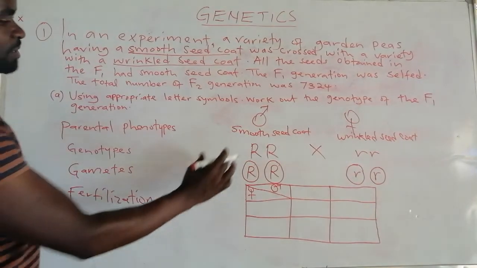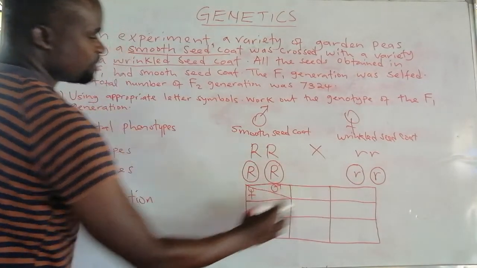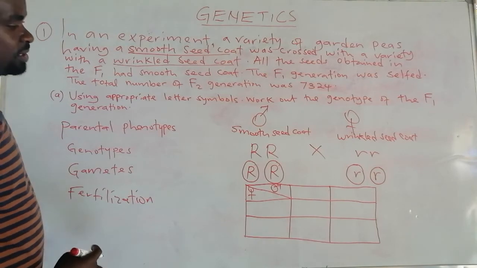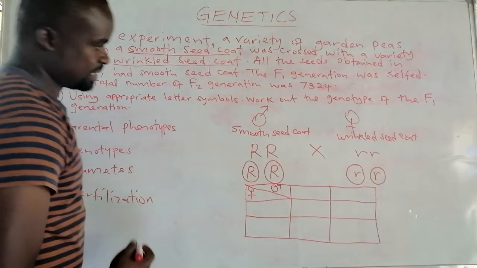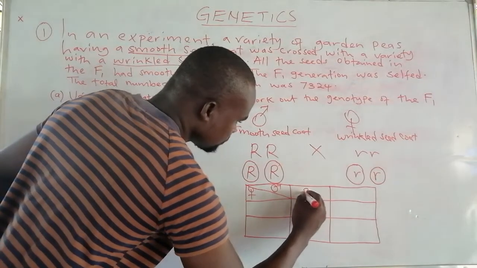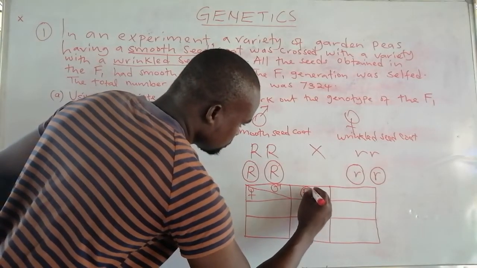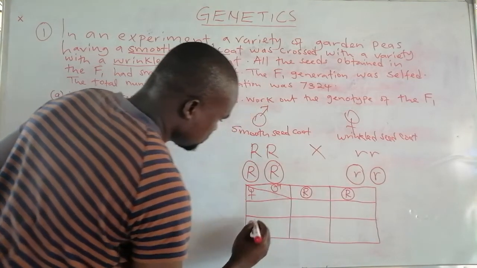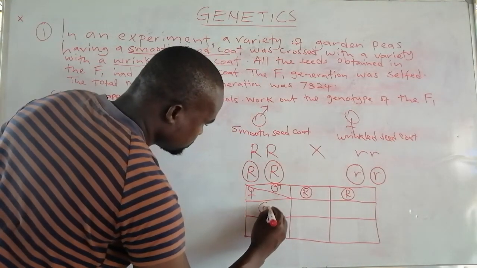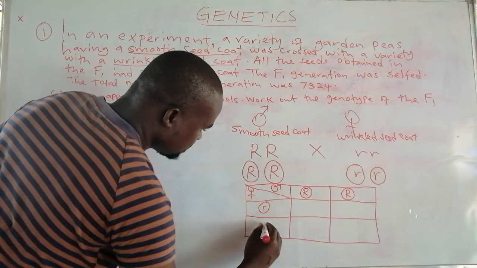So all the gametes for the male will be placed at that point, where we are going to have the gametes of the smooth seed coat. Then here the gametes for the wrinkled seed coat.